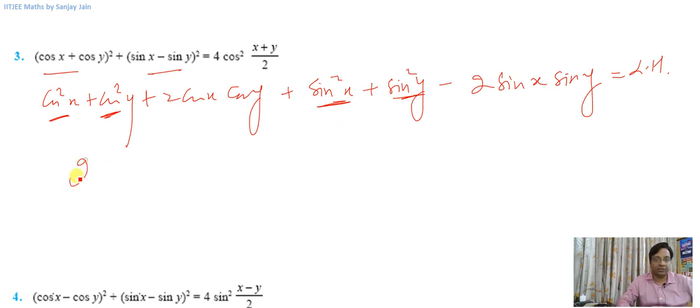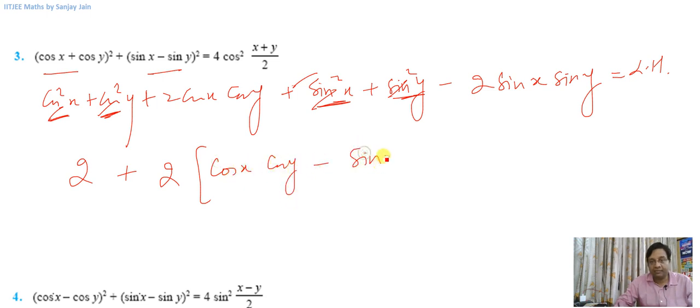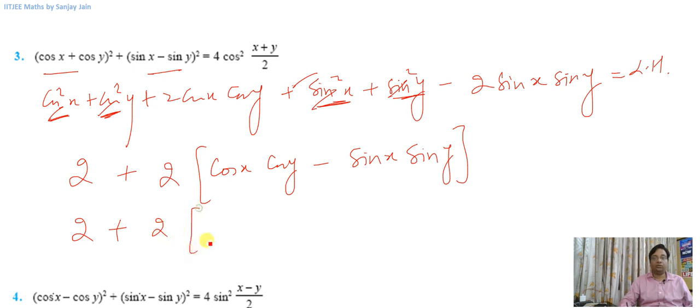So if I write 2 here, these 4 terms will be taken care of, because their sum is 2. Now the rest of the terms, if I take 2 as common, it will be cos x cos y minus sin x sin y, which is an expression for cos of x plus y. So 2 plus 2 cos of x plus y.